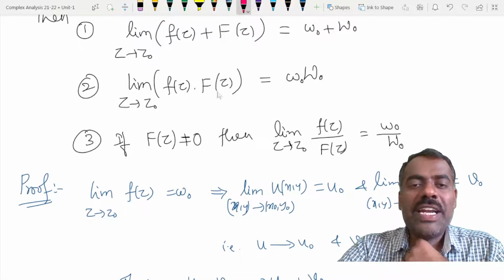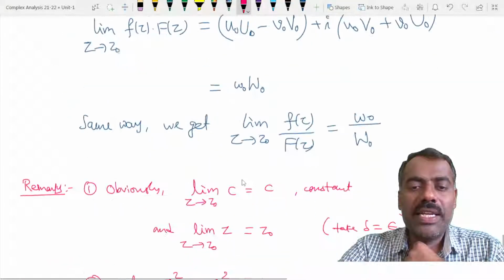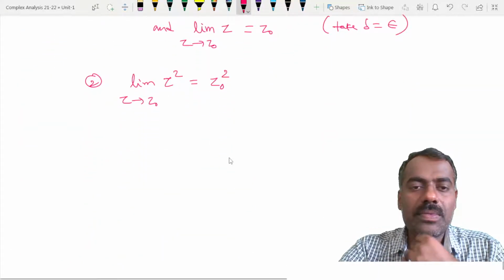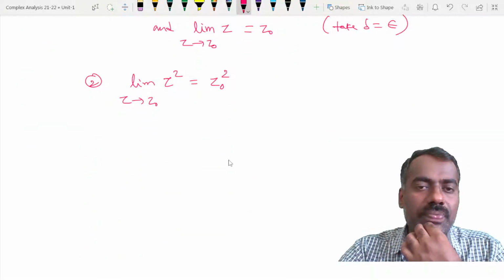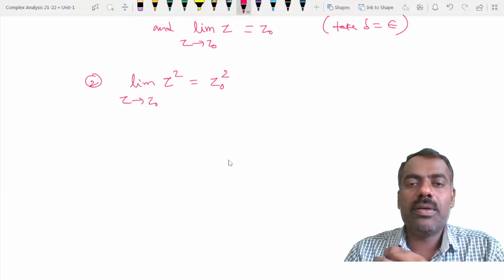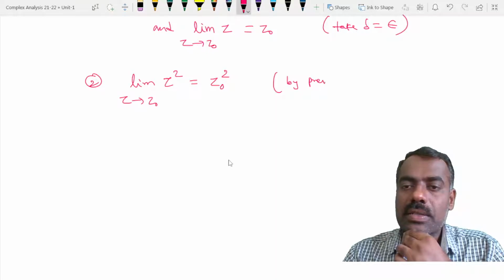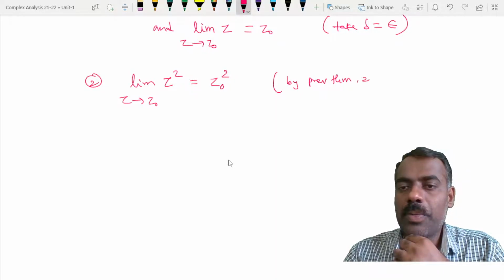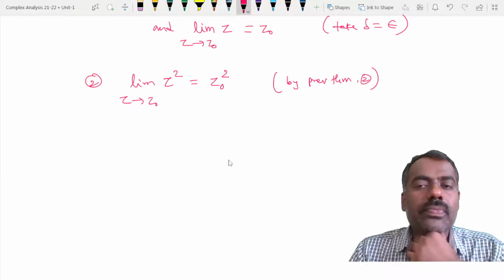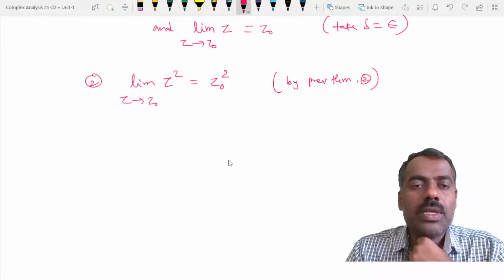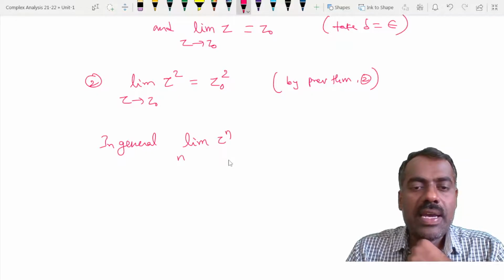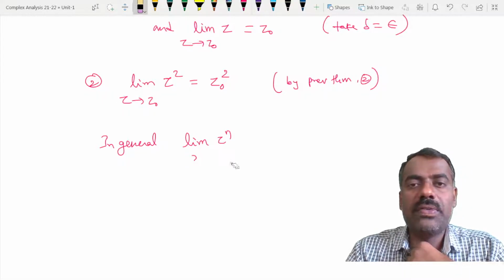Your small f of z and capital F of z are both equal to z. Is this clear? Yes or no? By the previous theorem, property 2. Is that clear? Yes or no? So in general, the limit of z power n as z tending to z naught, what will we get?